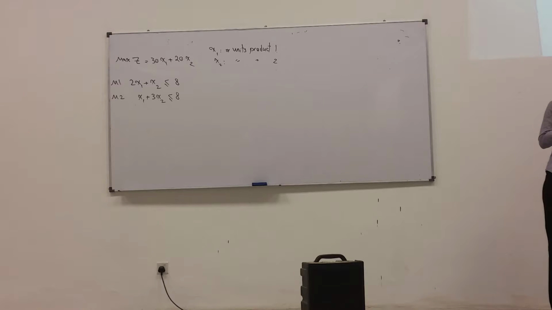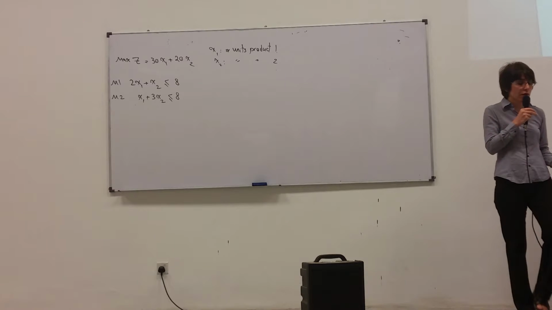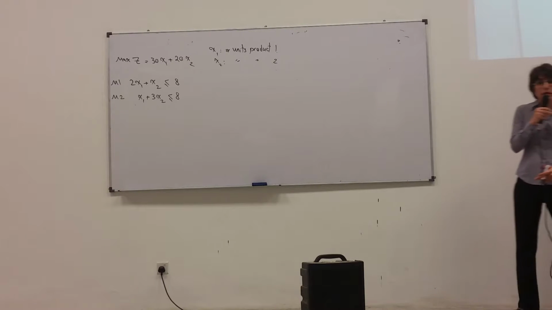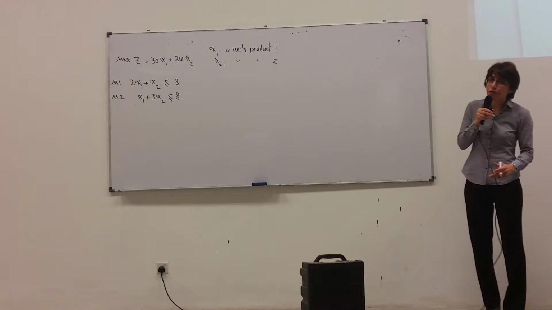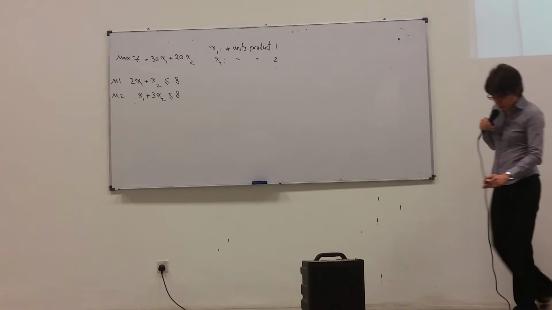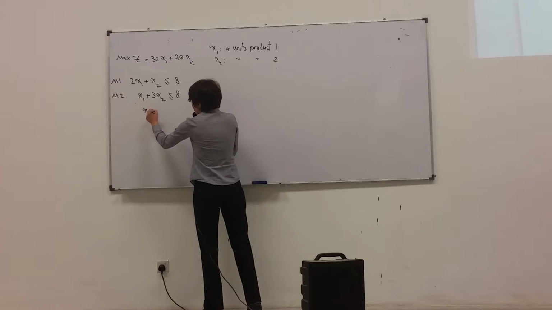So the coefficients are 2 and 1, and the available time for each day is 8 hours. So it should be less than or equal to 8. And you do the same for the constraint for machine 2. And variables should be non-negative.